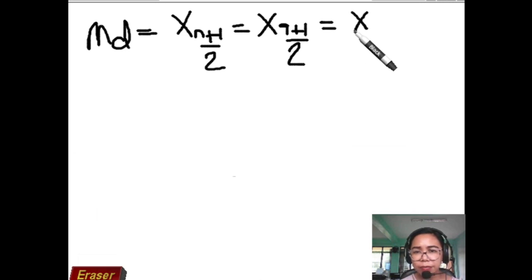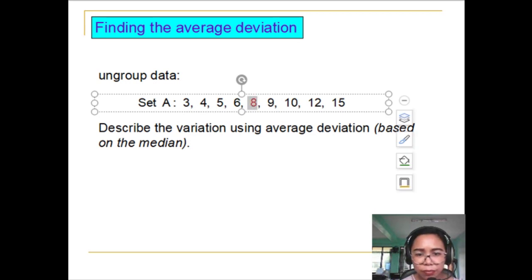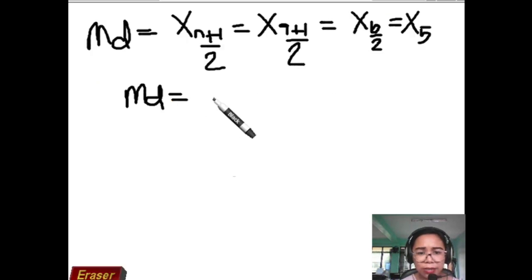Okay? So what is arranged? It is already arranged. We will look into the fifth. 1, 2, 3, 4, 5. So it is 8. So our median is 8.